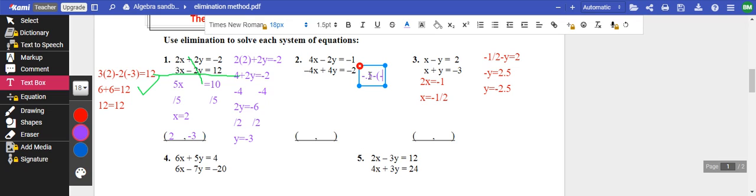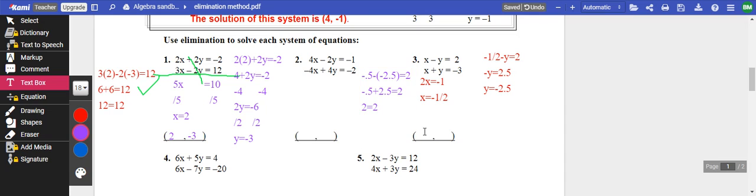I'm going to put this in parentheses so you can see. 2.5 equals 2. So now I've got negative 0.5 plus 2.5 equals 2. And yes, it does. 2 equals 2. If we take away that half from 2.5, I do get 2. So that is my answer.